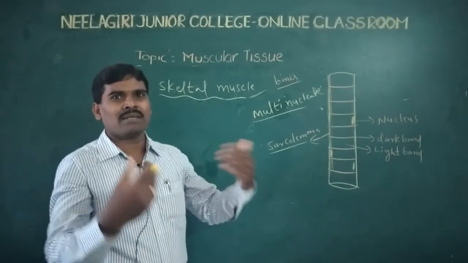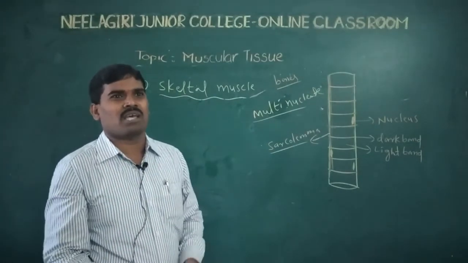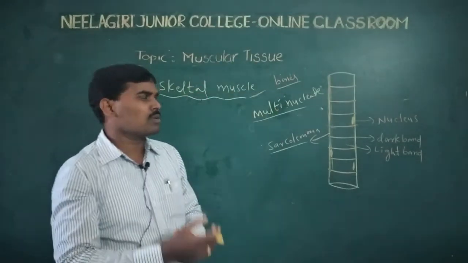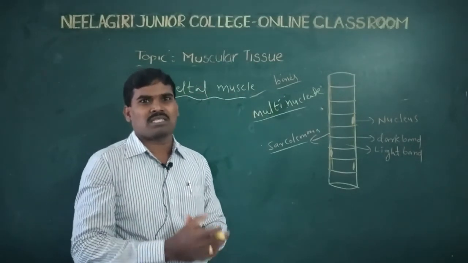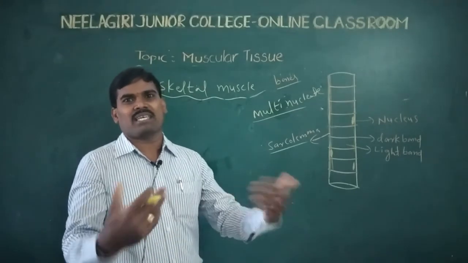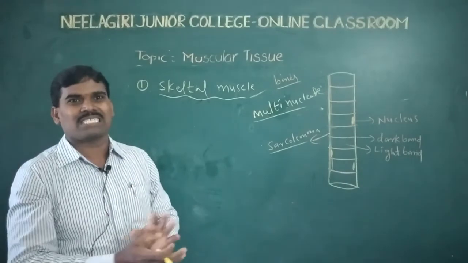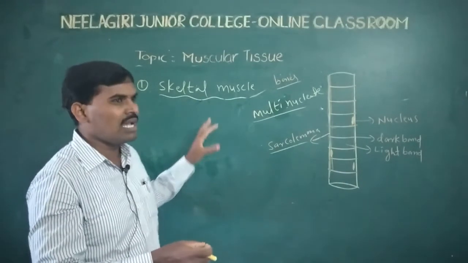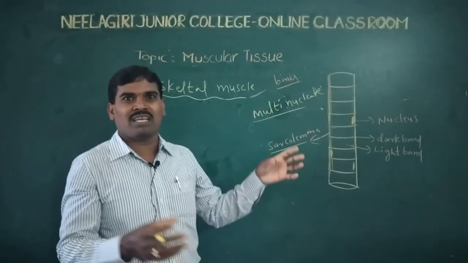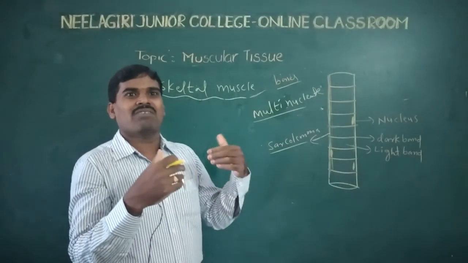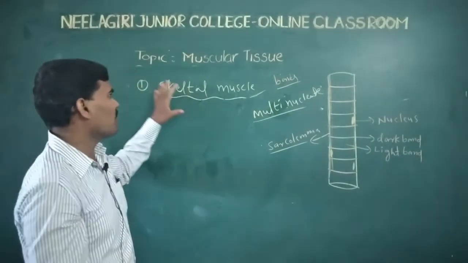They contract and relax quickly and fatigue quickly. In running and jumping, sometimes they run 1 kilometer, 2 kilometers or 3 kilometers, and immediately fatigue sets in, because of lactic acid formation. This type of muscle contracts and relaxes quickly and fatigues quickly.